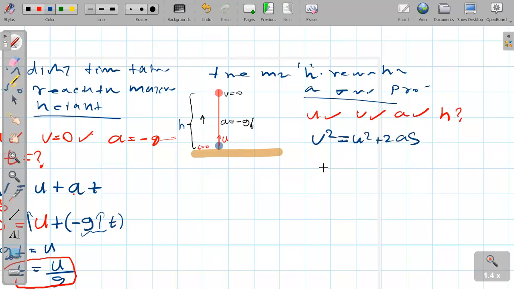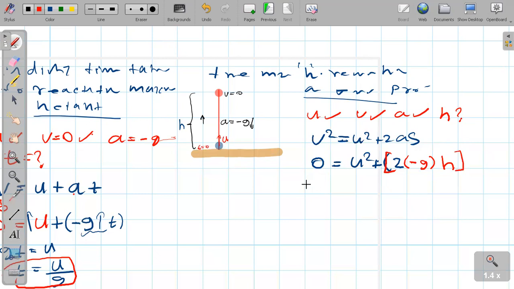And we know v is 0, and u squared plus 2, and open a bracket here, and it is going to be minus g, and what is it? h.